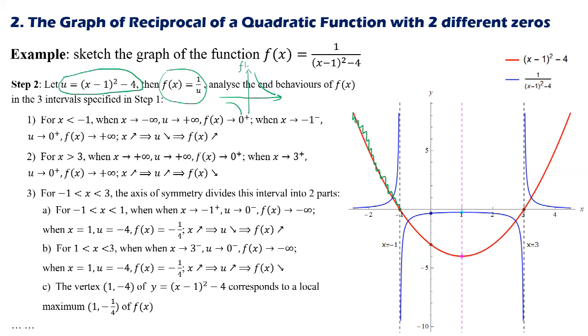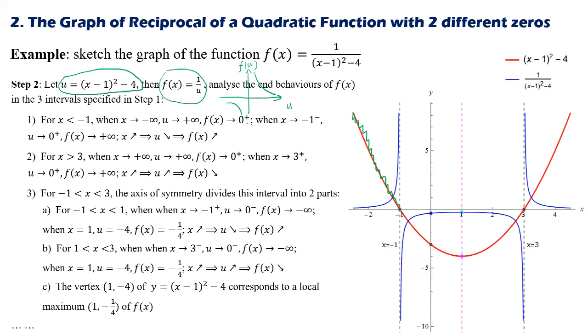This is u. So when u approaches positive infinity, f(x) approaches 0 from the positive side.